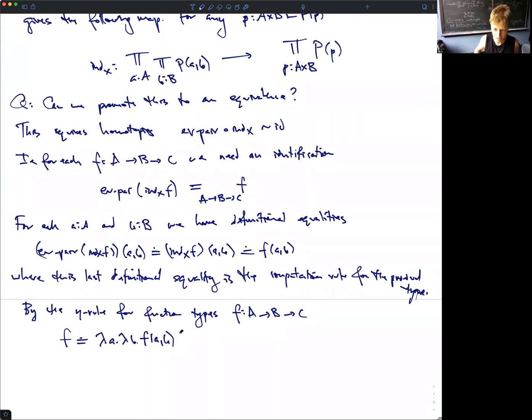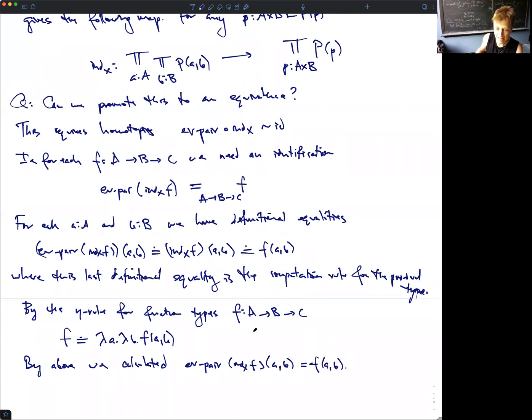The eta rule is this particular one. And moreover, by above, we calculated, using the computation rule for product types, that if we look at the function ev pair of ind times of f at a b, we have the same value f a b.